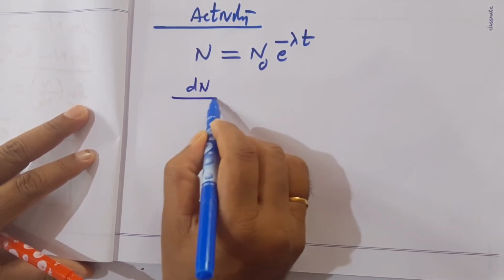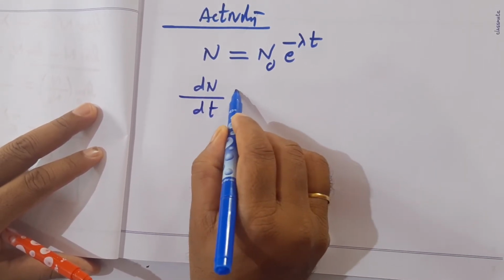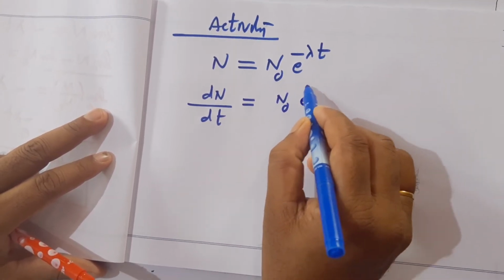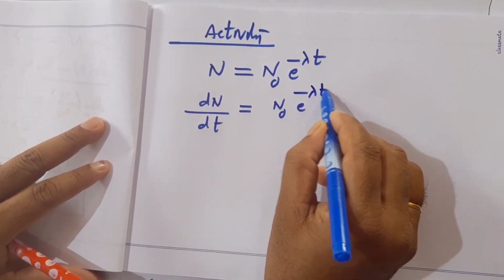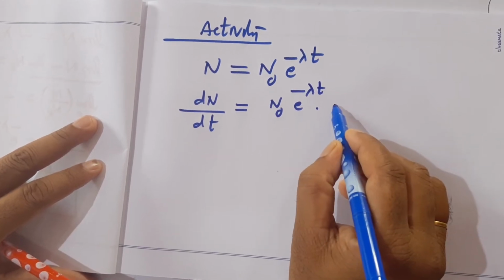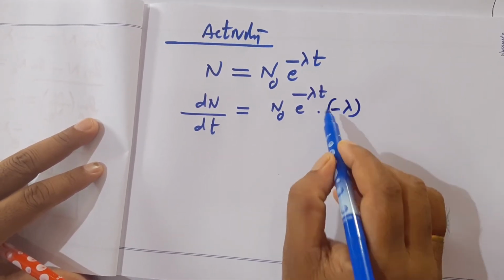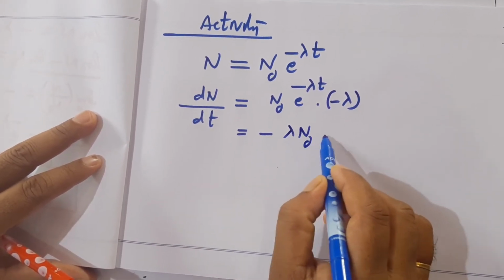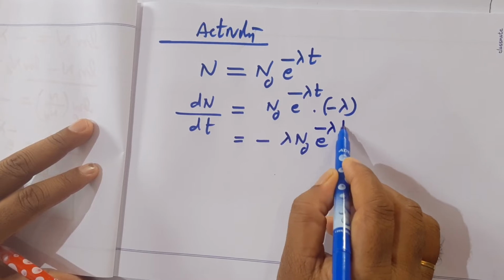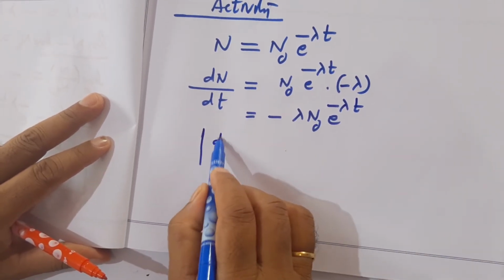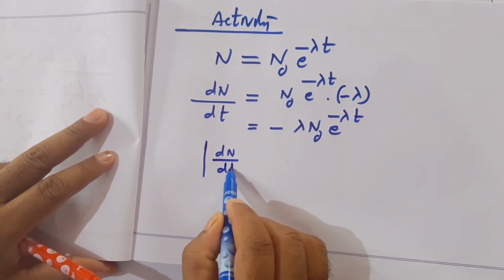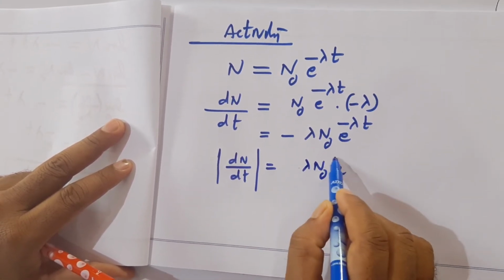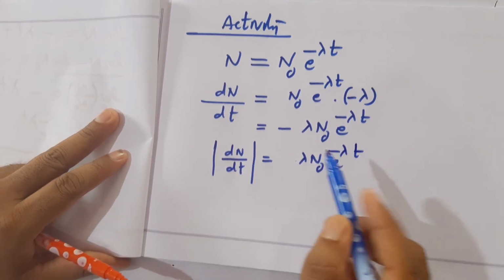Differentiating both sides with respect to t, dN by dt equals N0 times the differentiation of e power minus lambda t, which is e power minus lambda t into d by dt of minus lambda t, giving minus lambda. So dN by dt equals minus lambda N0 e power minus lambda t. Taking the magnitude, dN by dt equals lambda N0 e power minus lambda t.